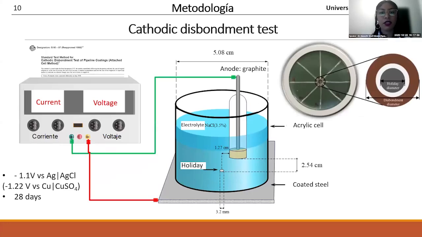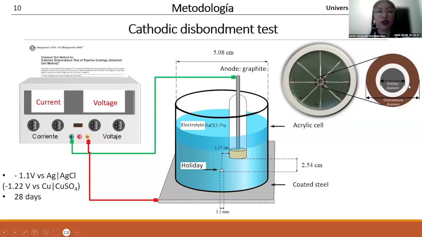In the cathodic disbondment test, we got this configuration where we have the sample at the bottom and we attach an acrylic cell. And one of the important aspects in this test is that we need to make a holiday in the sample so we can accelerate the electrochemical reactions there in the holiday.